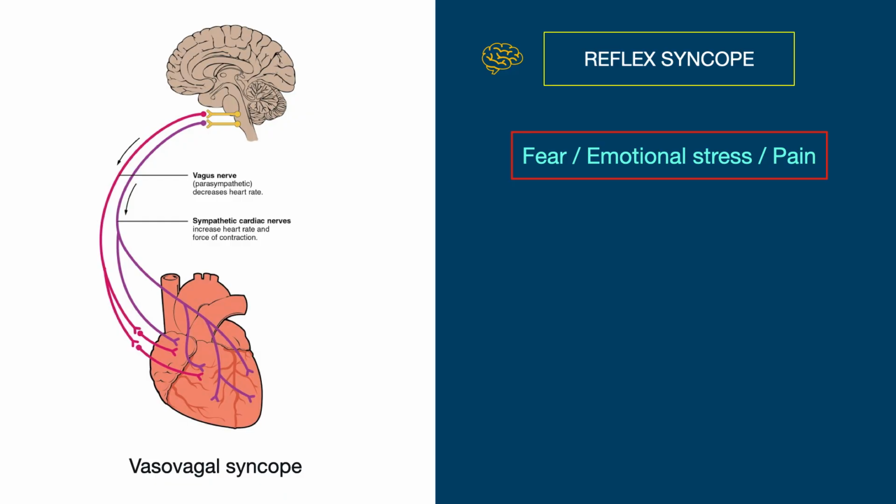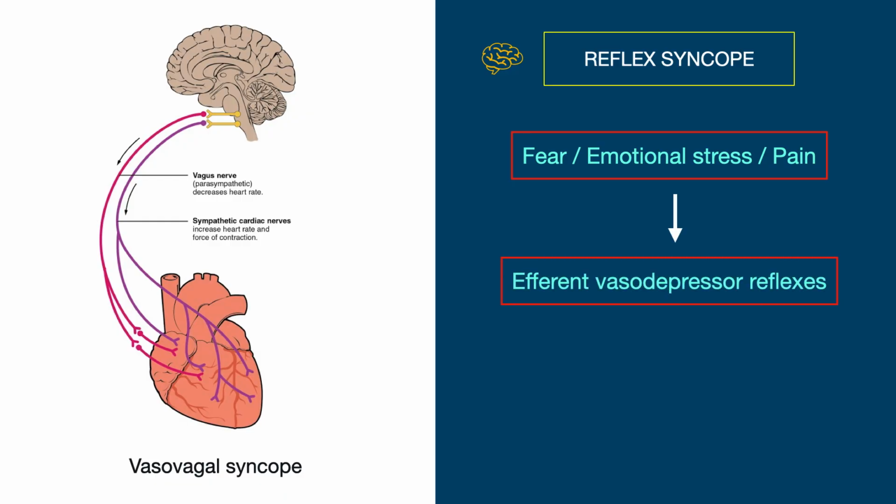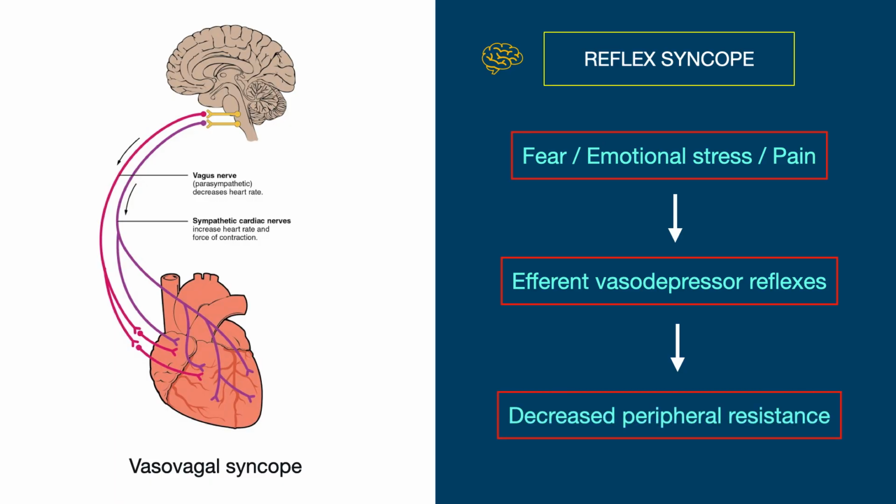Classically, nausea, diaphoresis, fading or graying out of vision, epigastric discomfort, and lightheadedness precede syncope by a few minutes. The syncope is thought to occur secondary to efferent vasodepressor reflexes, resulting in decreased peripheral vascular resistance. It is not life-threatening and occurs sporadically.